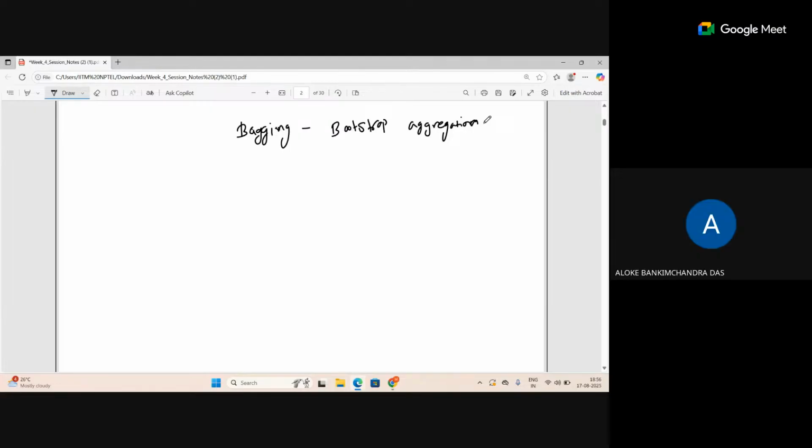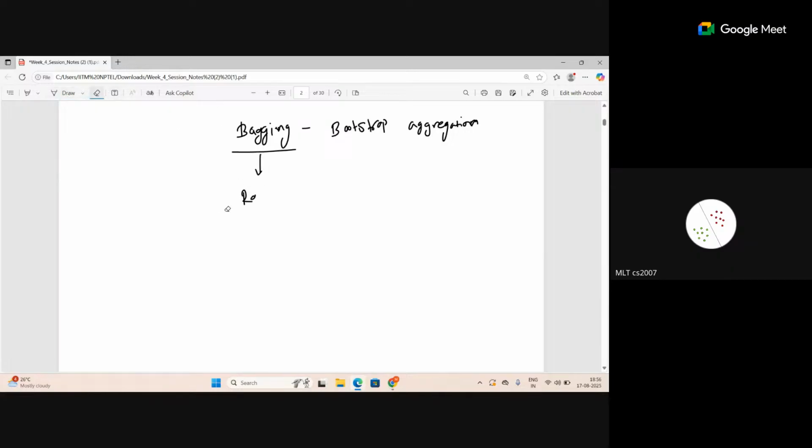Bagging is also called bootstrap aggregation. Bagging's full form is bootstrap aggregation. It doesn't sound good, but bootstrap aggregation is bagging. And what do you bag here? One of the examples for this, I think all of you must have heard, is called random forest.